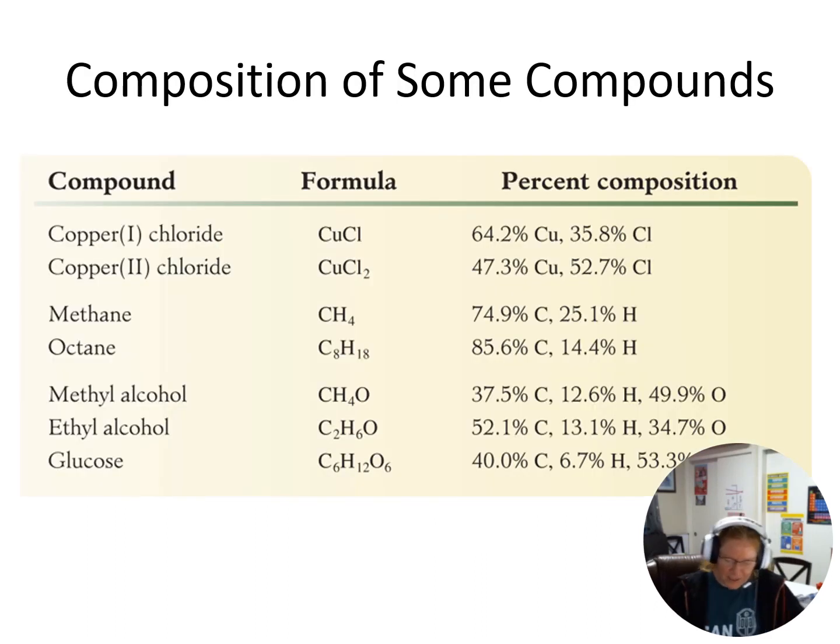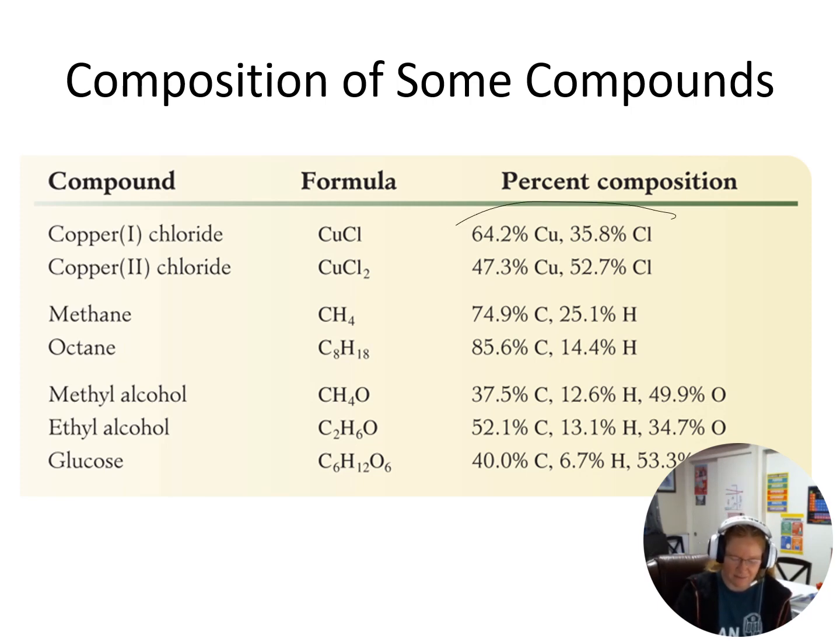Throughout your study of chemistry, you're going to see all sorts of different compounds. So this is just some compounds, the different compositions of them. So copper 1 chloride, copper 2 chloride. You can see that we've got both copper and chlorine. One is CuCl, one CuCl2.